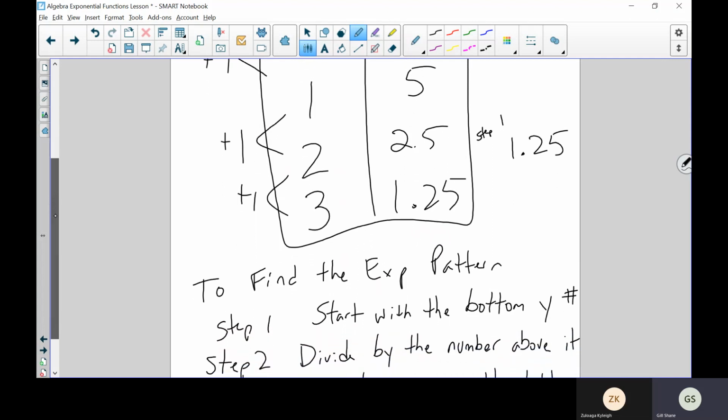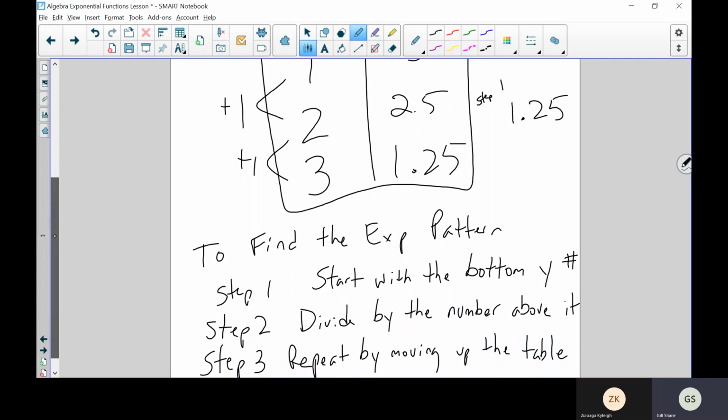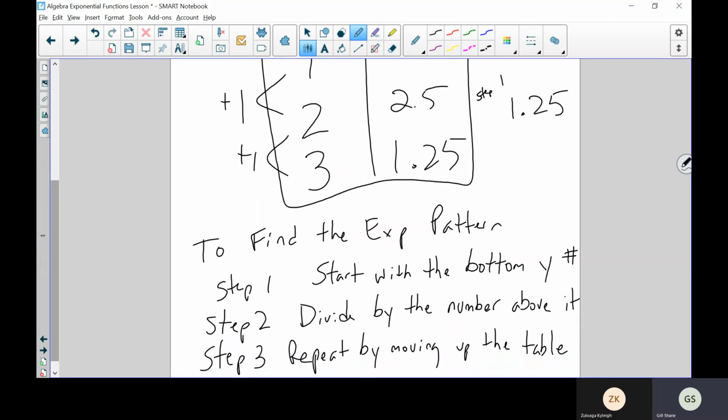Also do the same thing over and over again, just different numbers, because you got to make sure the pattern's the same all the way up. That's how you can explain step 3. So now I would take that number and I would divide it by the number above it. Now that line means division.